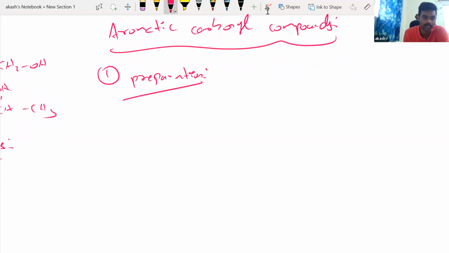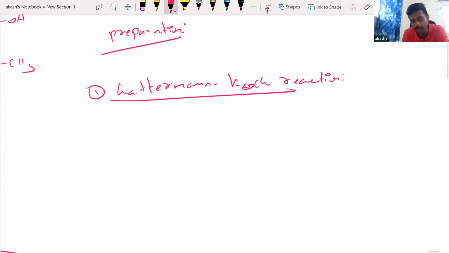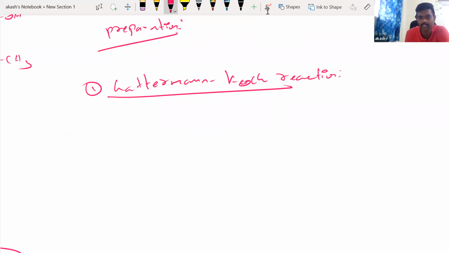The first one is again a name reaction, the Gattermann-Koch reaction. It's a German name, that's why they have some very weird pronunciations.